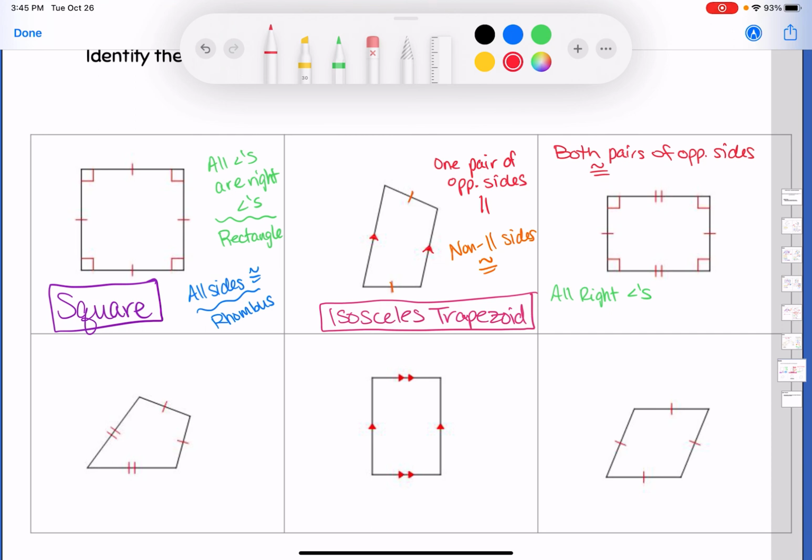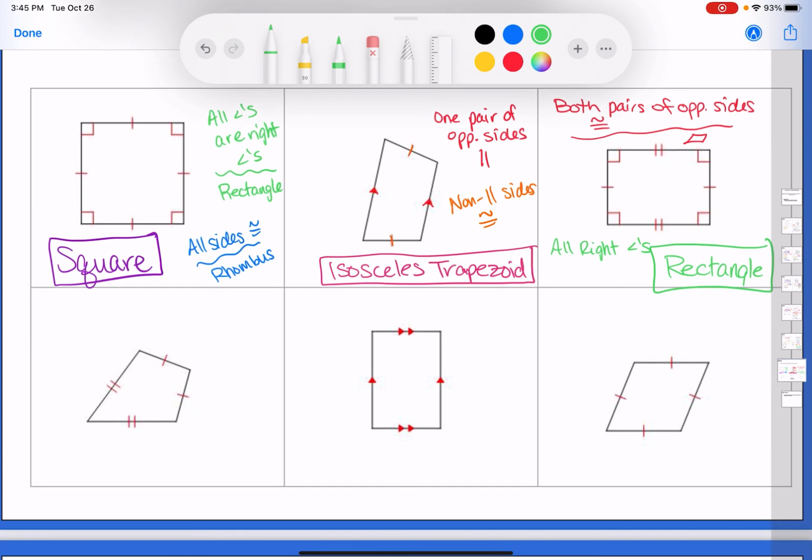Ooh, both pairs of opposite sides congruent would be a parallelogram, but a parallelogram that has all right angles, that would be a rectangle. All right, hopefully you're getting the idea. If you want to take a shot at the bottom ones now, go for it.